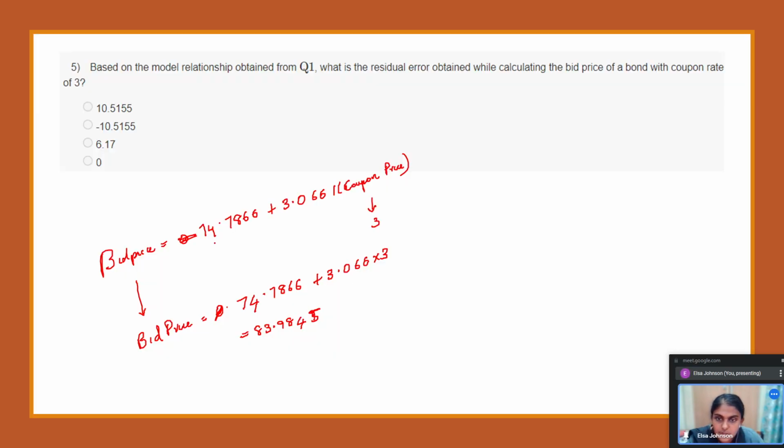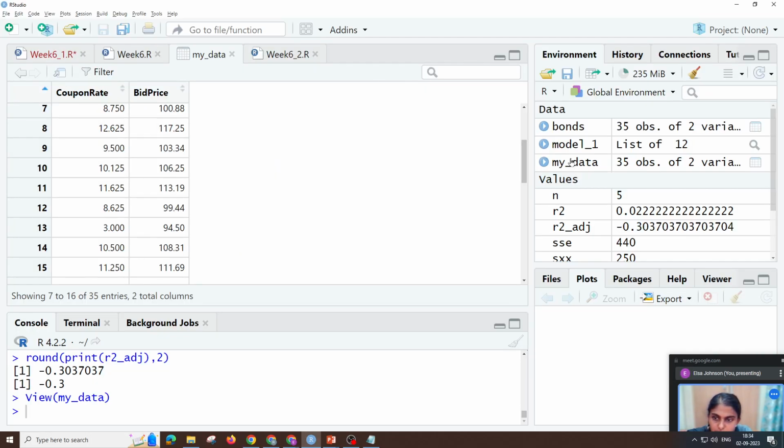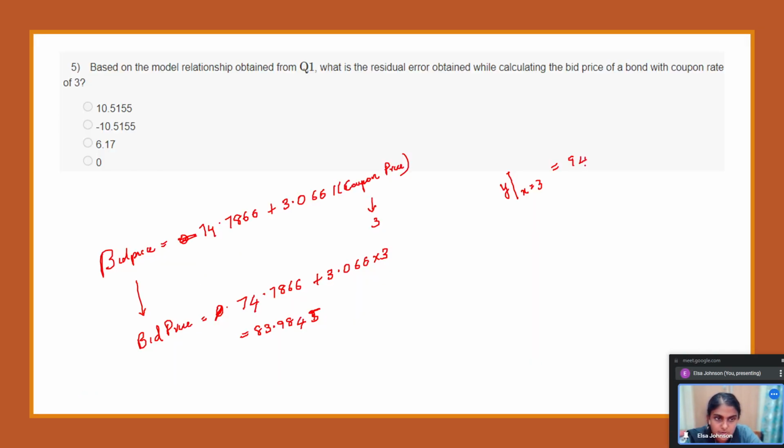So the real value of y at x equal to 3 is 94.50. What you have to do is y minus y cap, the predicted value, and tell me the answer.